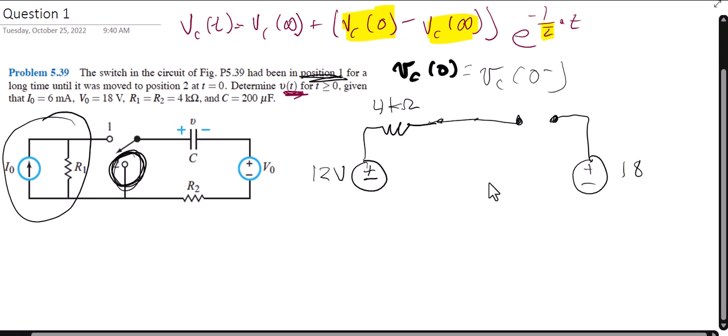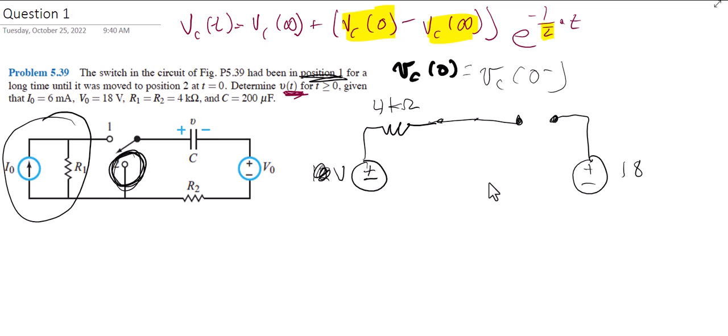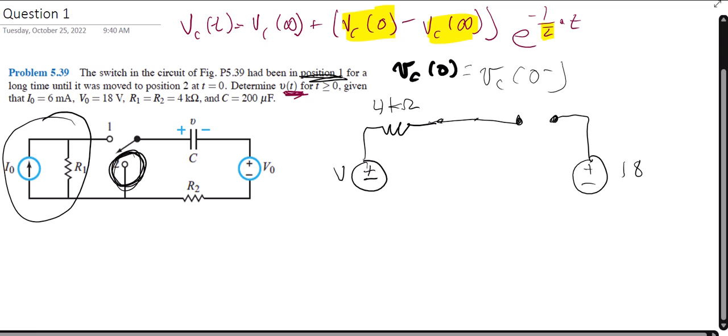Did someone not tell me that 6 times 4 is 24 and not 12?